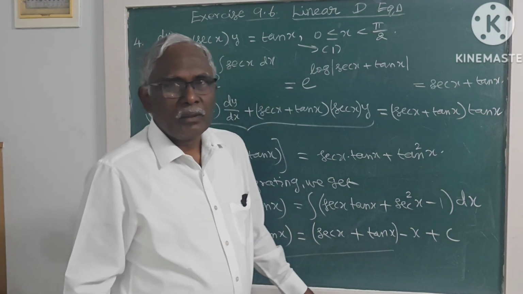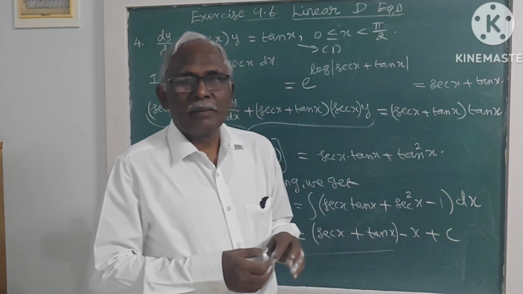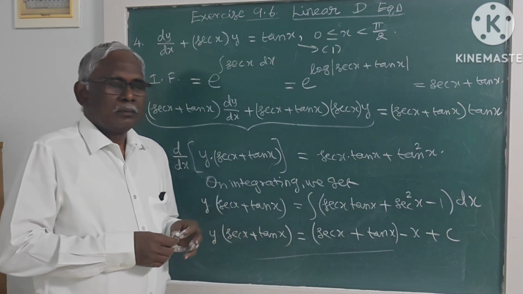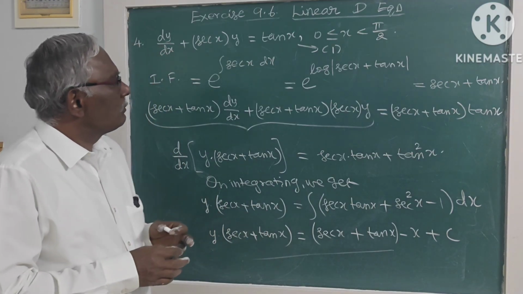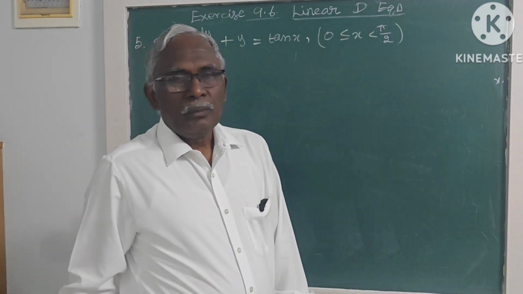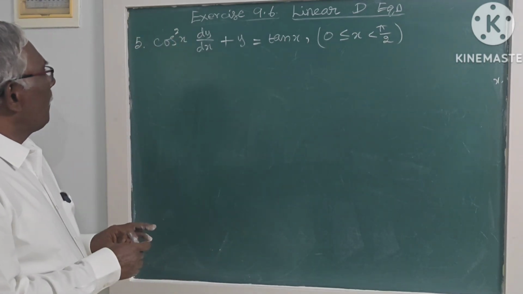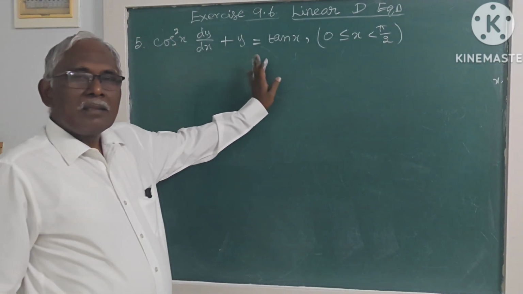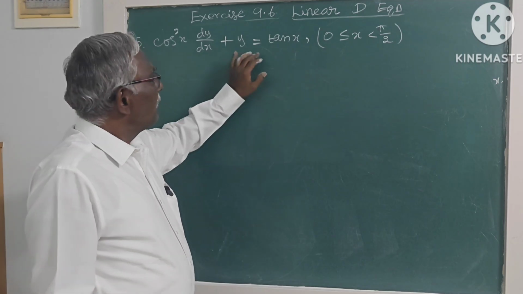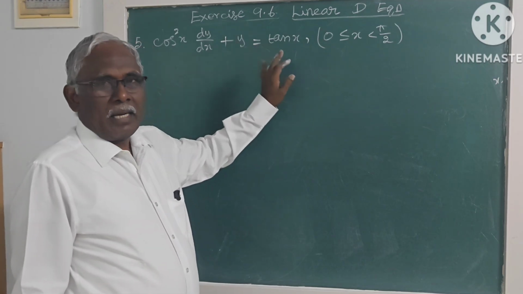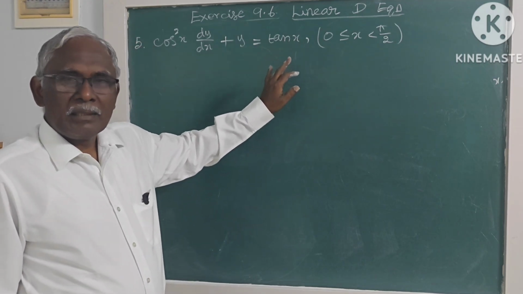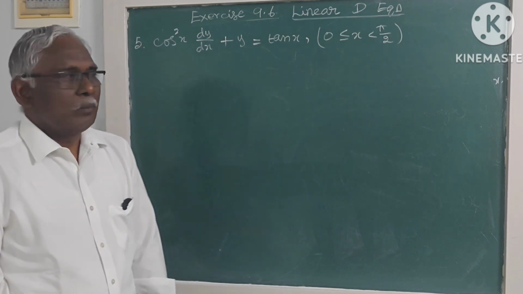So this is a general solution for this differential equation. Now we have to find the general solution of this differential equation. This is not in the standard form. So we have to write this in the standard form of dy by dx plus py is equal to q.